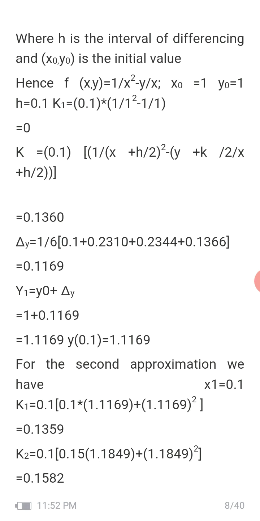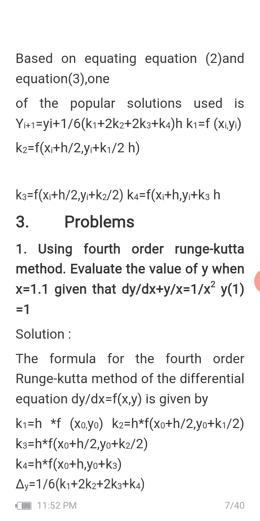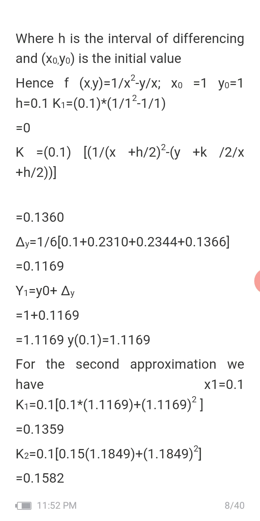Okay, then k2 equals this one, k3 equals this. We get the final answer, that is del y, using the formula del y equals 1 by 6 into k1 plus 2k2 plus 2k3 plus k4. We substitute all those values of k1, k2, k3, k4. We can get the value of del y, that is equal to 0.1169.